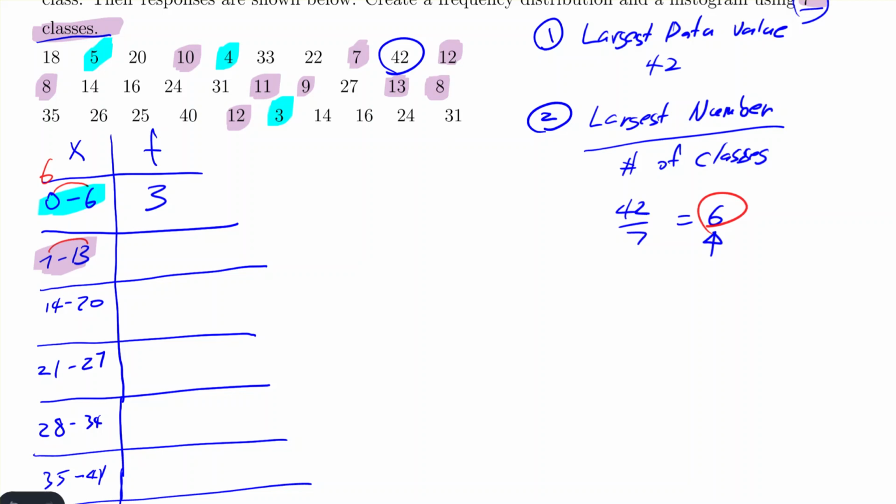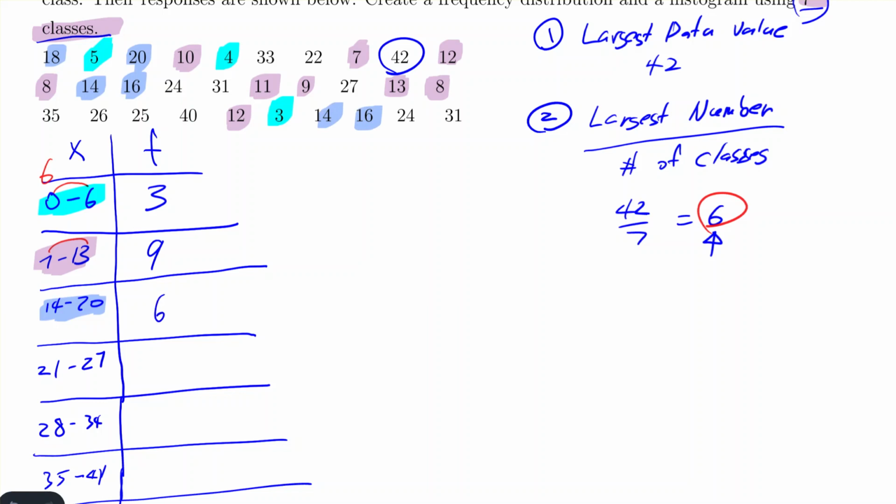So there are 9. Next, 14 to 20: 18, 14, 20, 16, 14, 16. Yeah, that's it. So there are 6.